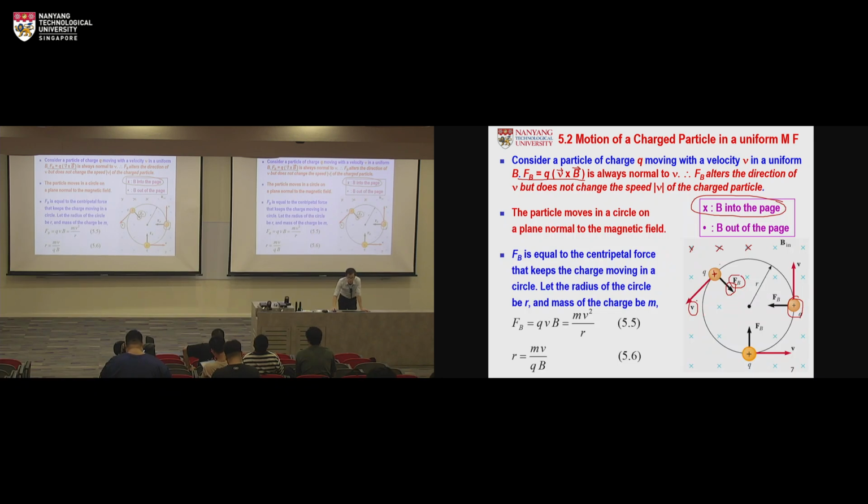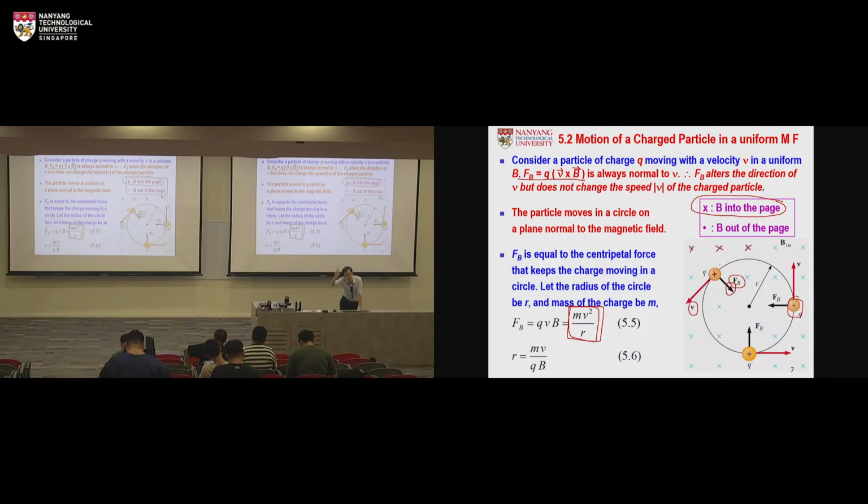And if you have this kind of scenario, what will happen to this charge? When you have a force that is always perpendicular to the velocity, what kind of motion will you have? It's going to be this kind of circular motion, right? And when it comes to circular motion, you must always have a centripetal force, which is given by mv squared over r.